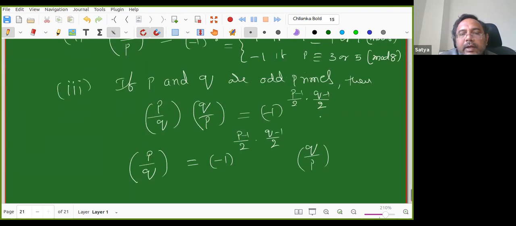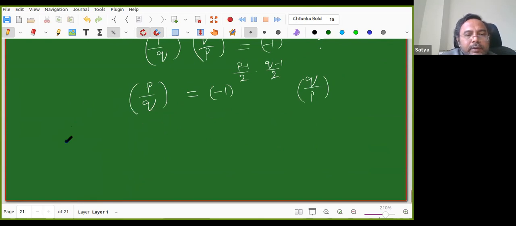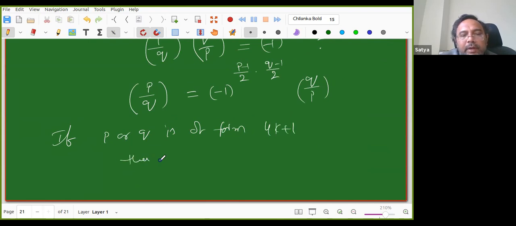Then automatically, as a corollary, if P or Q is of the form 4k plus 1, then P by Q is equal to Q by P. There is no change. This means P is a quadratic residue modulo Q if and only if Q is a quadratic residue modulo P, if one of them is of the form 4k plus 1.